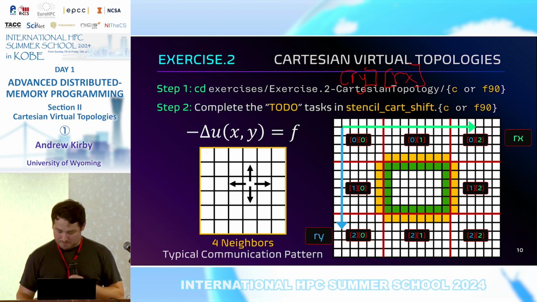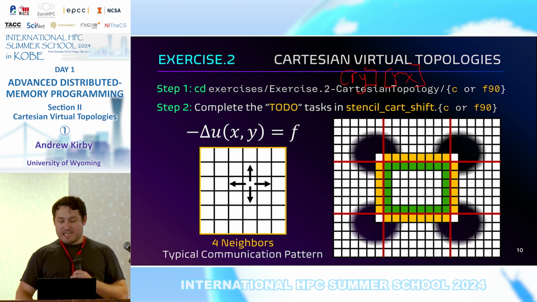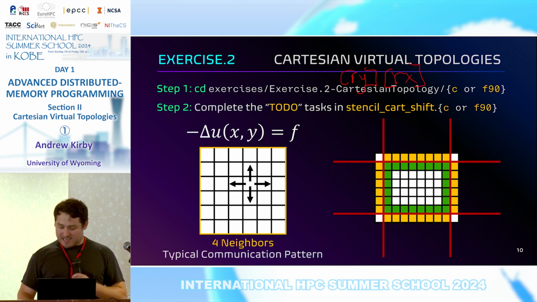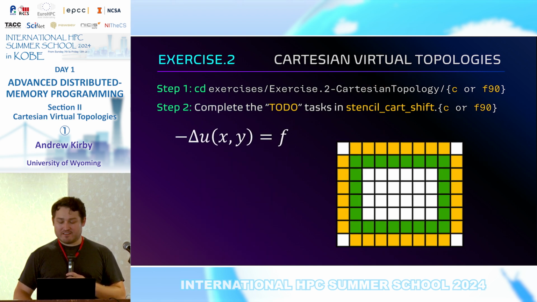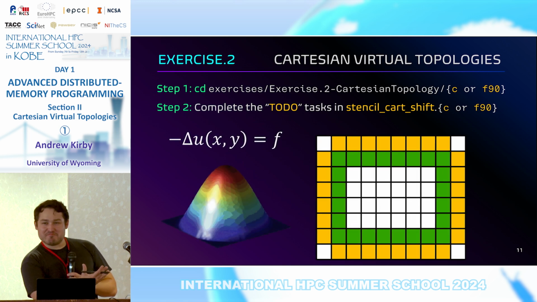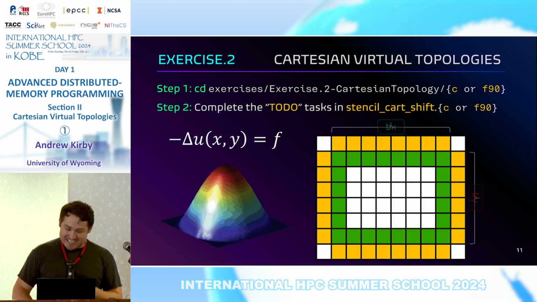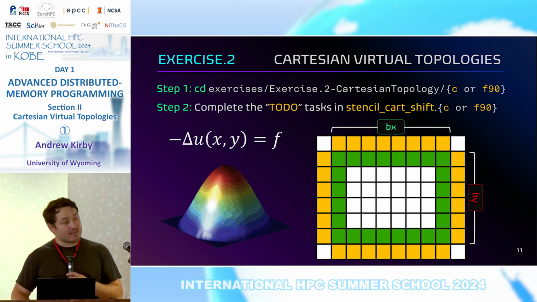Erase all that. Okay, and so now inside of the actual code, we actually over-allocate. Does this look familiar? Did I not show you this a bunch of times, right? So the dimensions of the internal is bx.